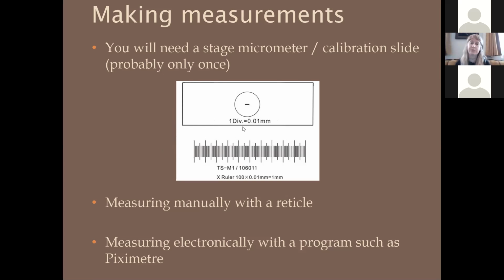So what you do is you've got this slide and then you look at it under each one of your magnifications and count how many of these units align with a reticle. Okay, so a reticle is a little piece that pops out of the eyepiece, and there is a little ruler inside of the eyepiece.